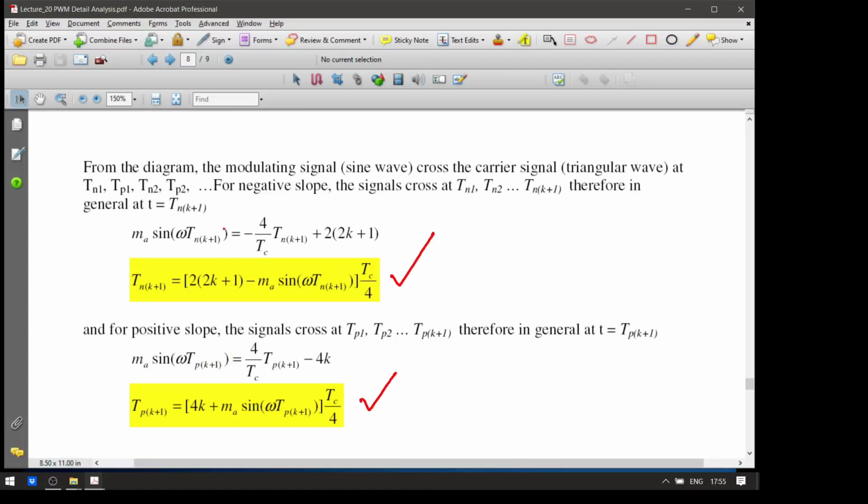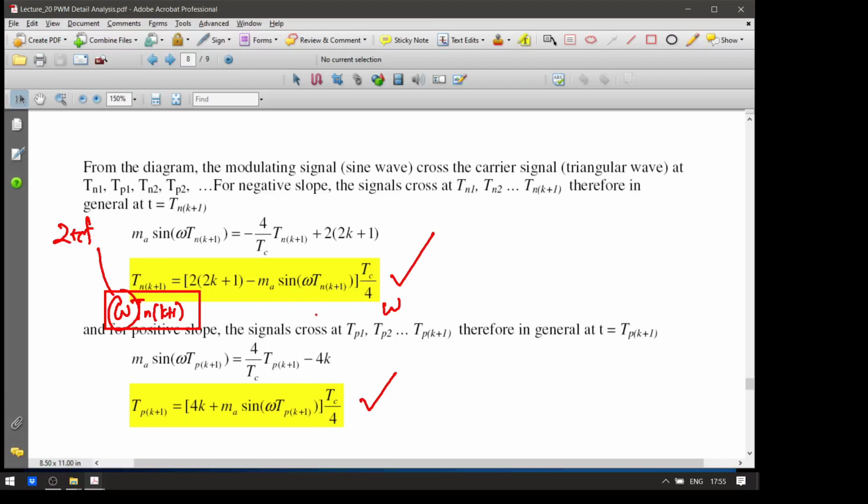Now it's in the time domain, isn't it? This is in time, but if you multiply by omega, you get the angles. We're going to look at examples of that. If you multiply both equations by omega, you can have these as the switching angles in radians, omega t. And again, this omega is 2 pi f of the modulating signal, the slow frequency, not the carrier frequency.